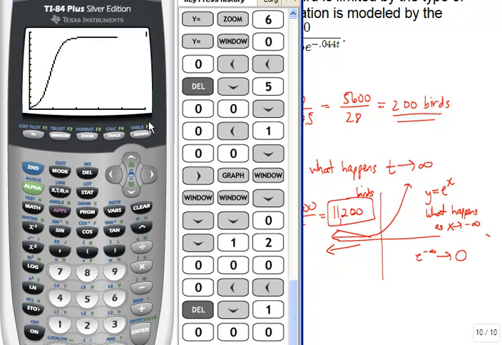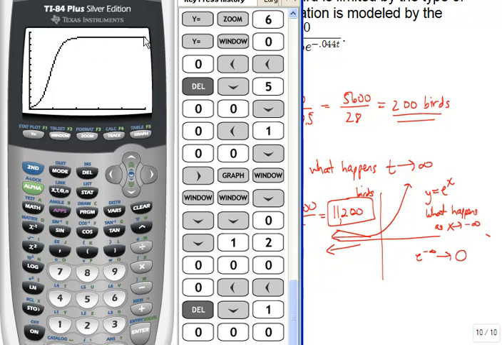And this is the typical shape of logistic growth. It almost looks like an S shape. You have that initial exponential growth at the beginning when there's so few birds and so many resources that this population can grow really, really quickly. But then resources start to decline and that population will level out. So this approaches a horizontal asymptote right up here at that height of 11,200.